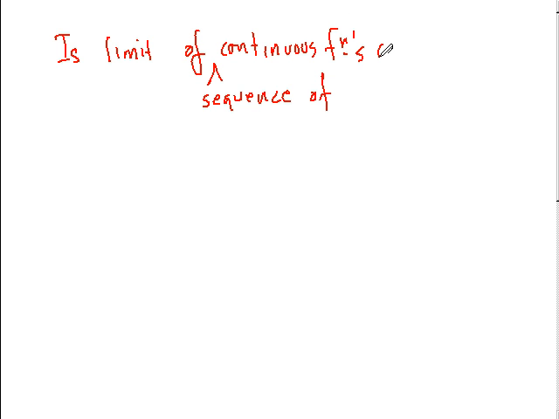And of course we know that the answer is not necessarily. There's a sufficient condition, not necessary, but sufficient: uniform convergence. If it converges uniformly, the limit will be continuous.